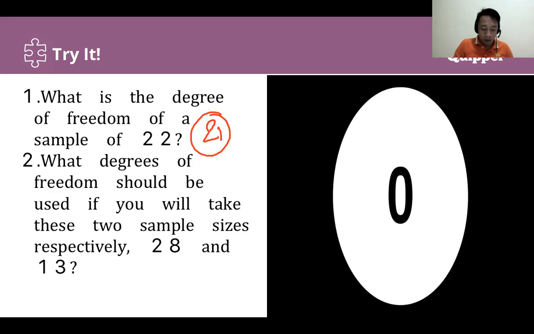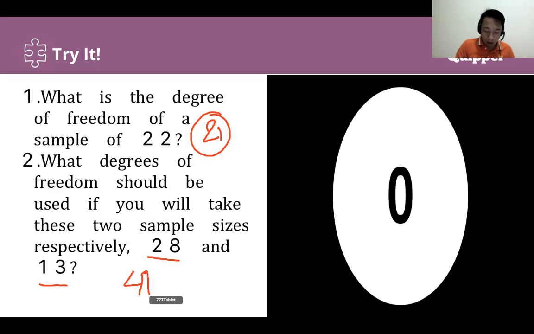Okay, number 2. What degrees of freedom should be used if you will take these 2 sample sizes respectively, 28 and 30? Since there are 2, let us add them first. So 28 plus 30 is 58. Oh, no, wait.